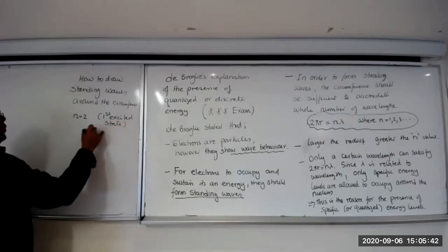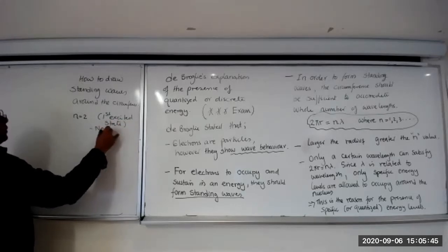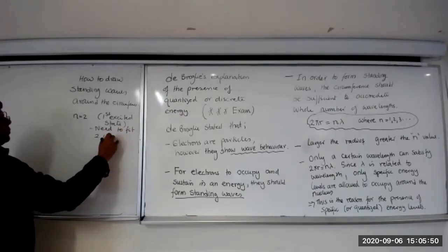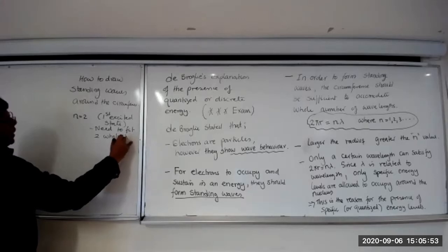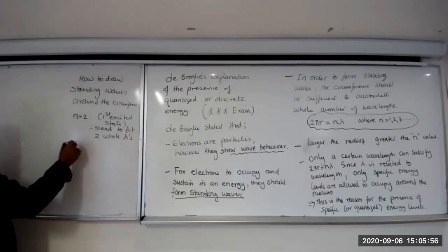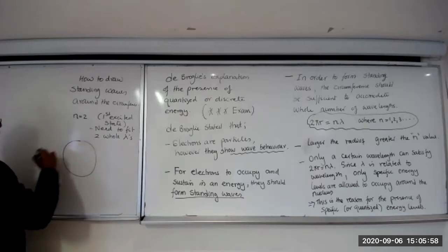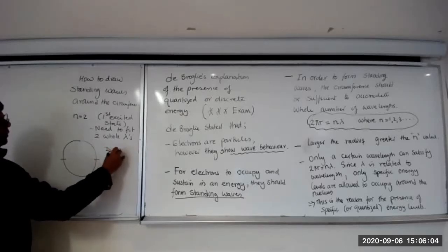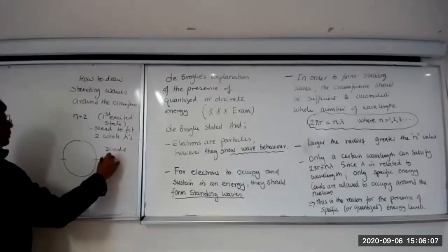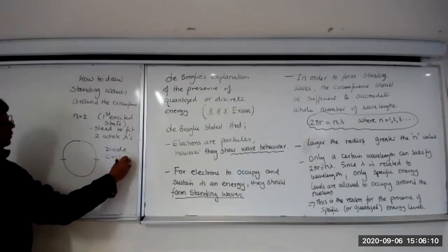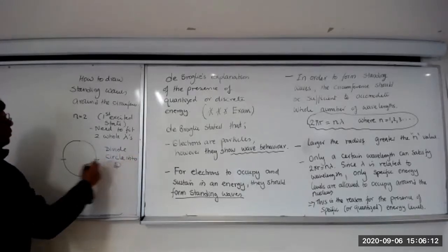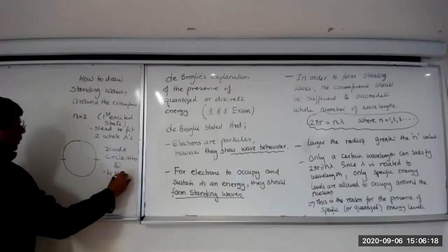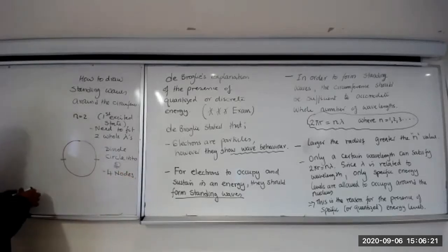You need to fit 2 whole wavelengths, 2 whole lambdas. If I get the circle, divide the circle into 4 parts, because there are 4 nodes there.